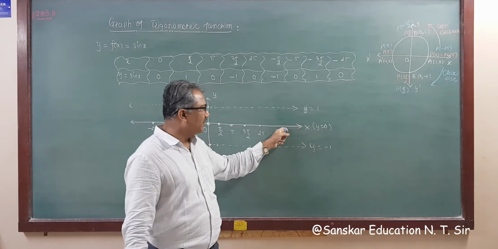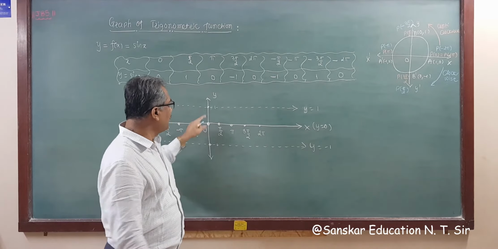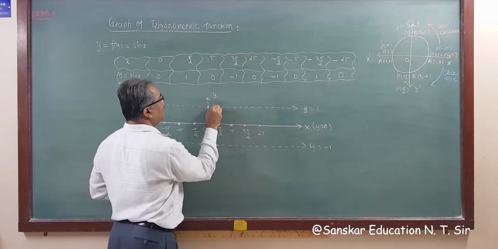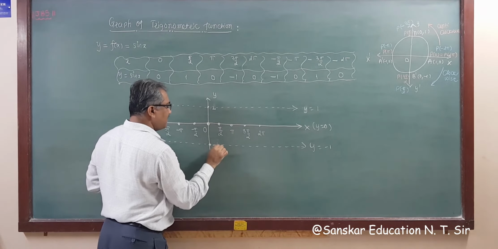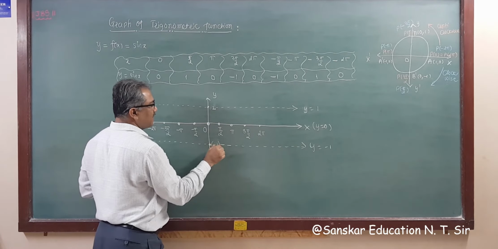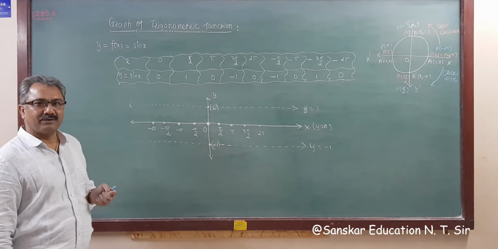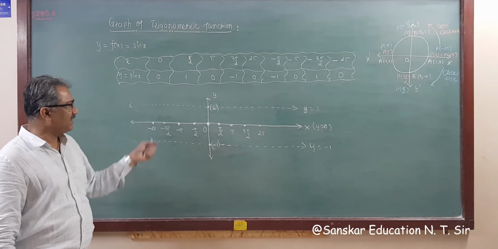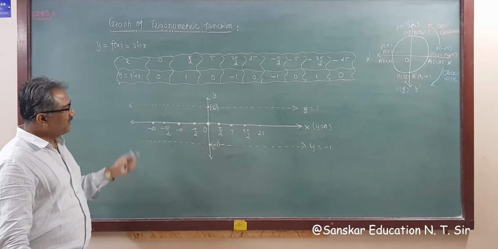So this is y equal to 0, then this is y equal to 1, because the line is passing through this point 1. This is 1, and this is minus 1, because of the dotted line you are reading this. So I am writing these numbers in brackets, because there is also a dotted line.